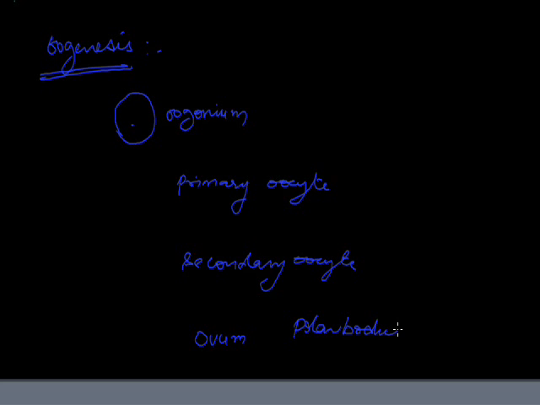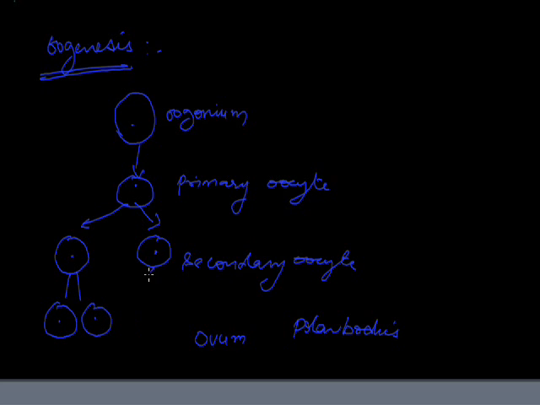How will we see it? Suppose it is the oogonium, it will convert into the primary oocyte cell, then it will become the secondary oocyte. This secondary oocyte will again show the meiosis second, which is actually equivalent to the mitotic division.